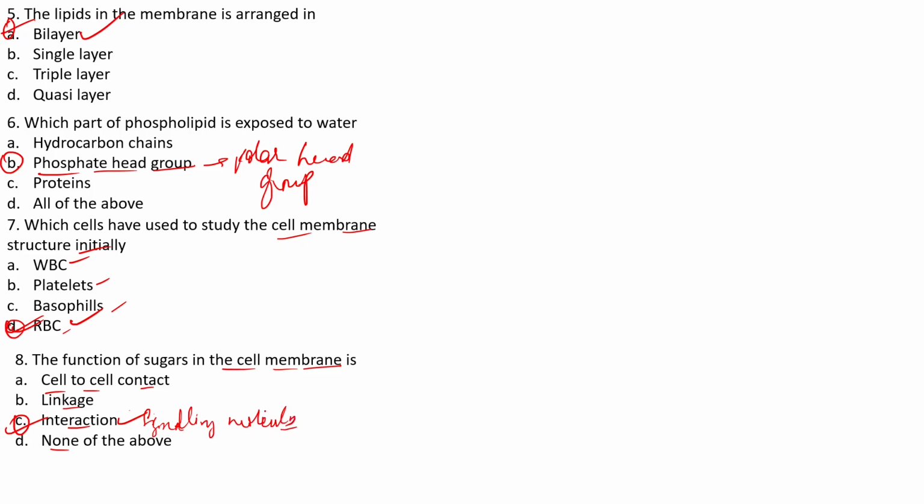Though carbohydrates are also involved in cell-to-cell contact, the major role of cell-to-cell contact is done by the proteins, remember. But interaction and making the cells aware about self and non-self is mainly done by sugars or carbohydrates. So the right answer here is interaction. C is our right answer.